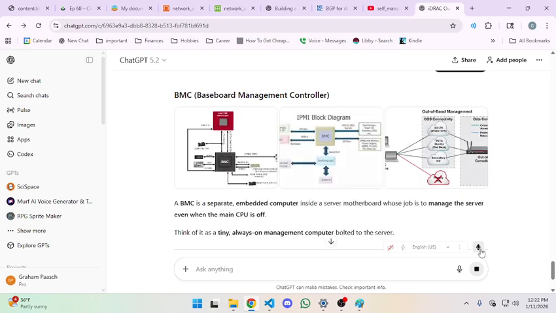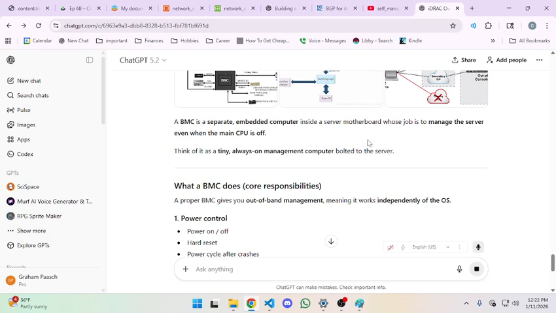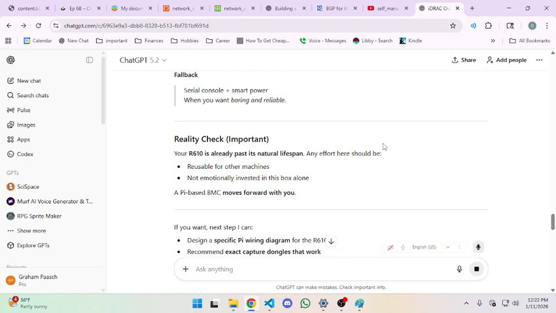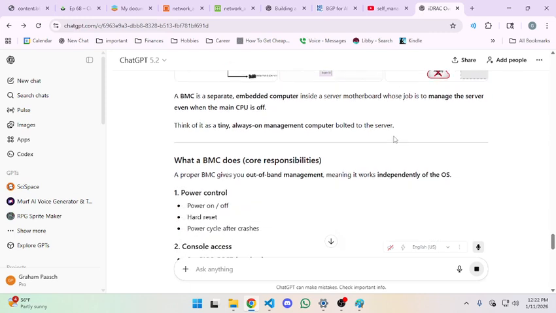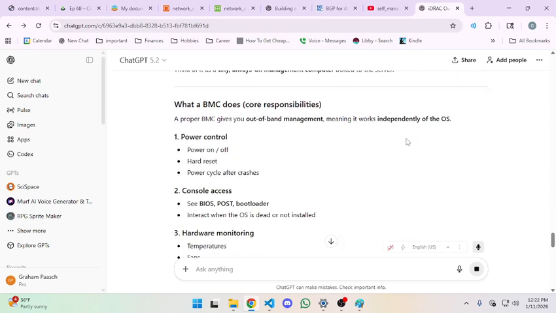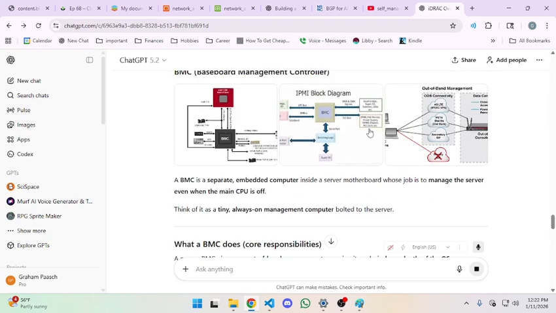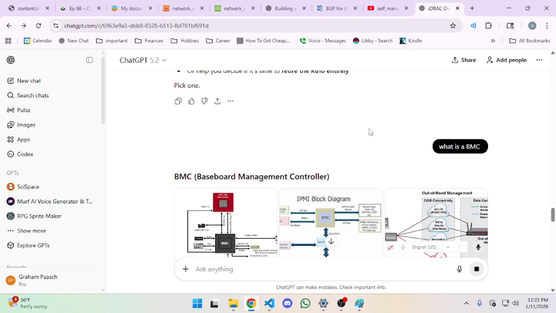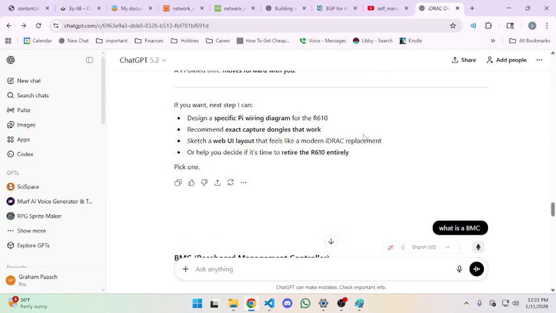Baseboard management controller. Separate embedded computer inside a server motherboard whose job is to manage the server even when the main CPU is off. So yeah, the server can be completely down. It can be unplugged. But as long as the BMC, the baseboard management controller, is up, so that would be the iDRAC6 with the Dell PowerEdge.